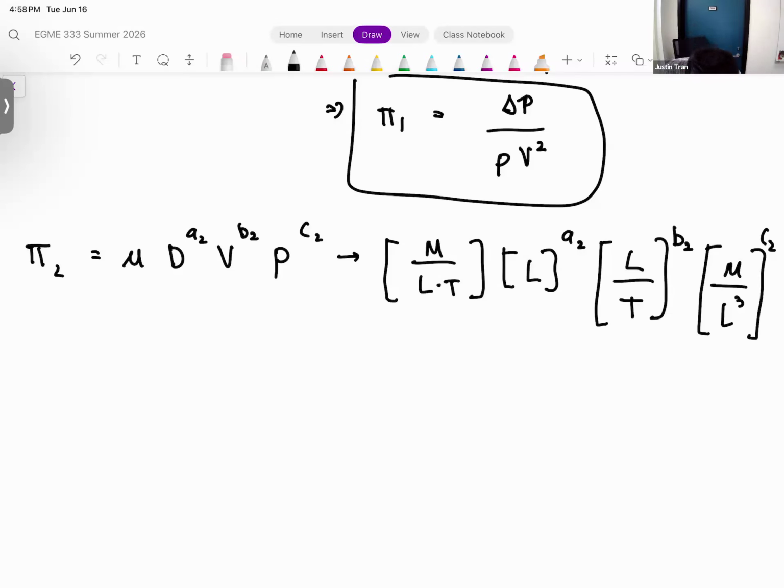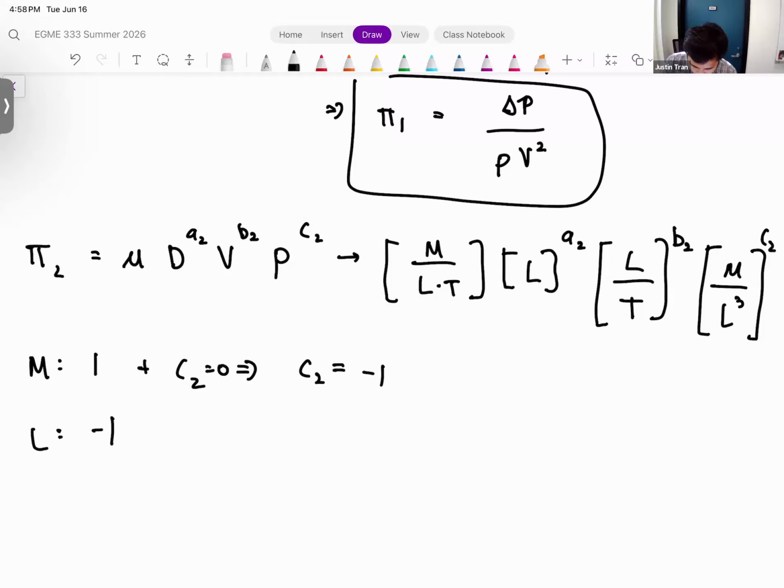All right, so mass is fairly straightforward. We have a positive one that comes from the viscosity, and we have a positive C2 that comes from the density. And so just like before, we have C2 is equal to -1. For length, we have a -1 plus A2 plus B2 minus 3C2 is equal to 0.